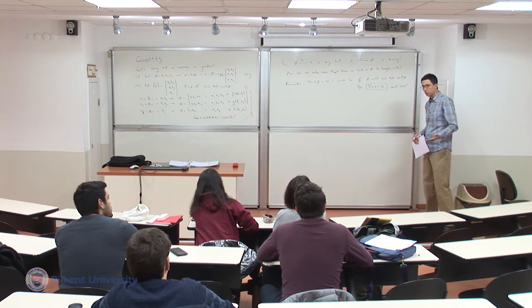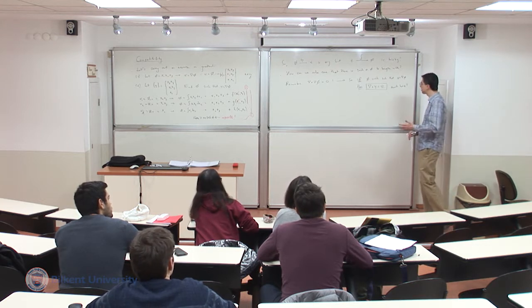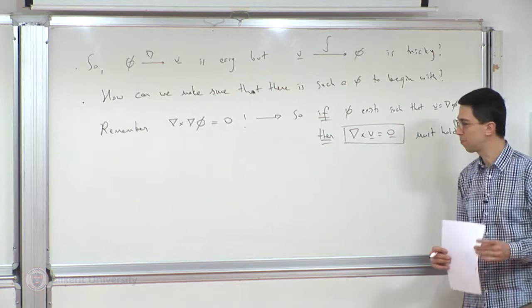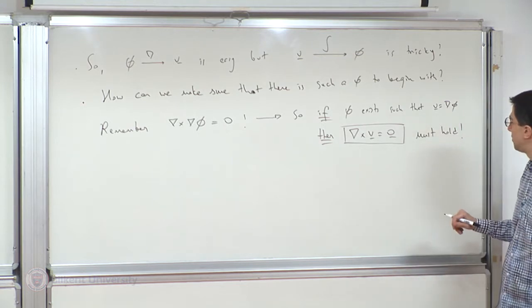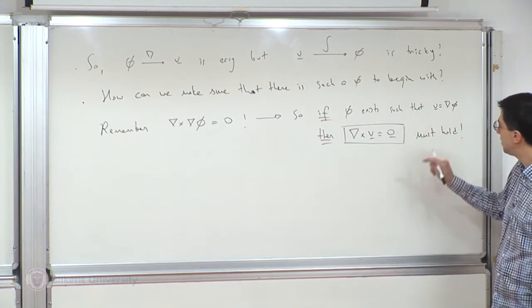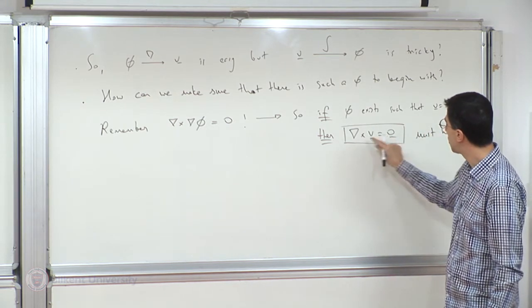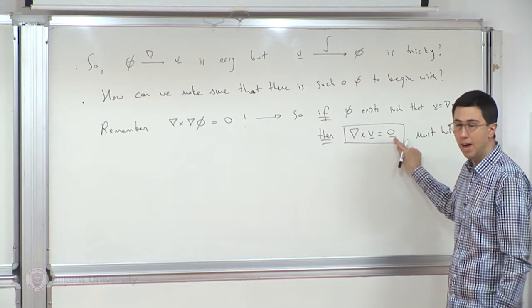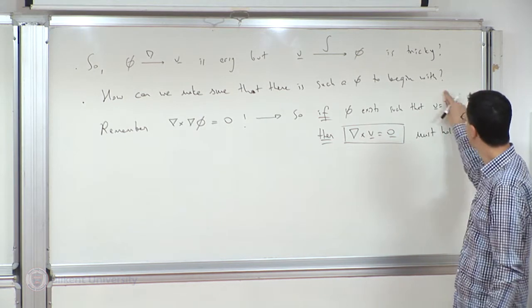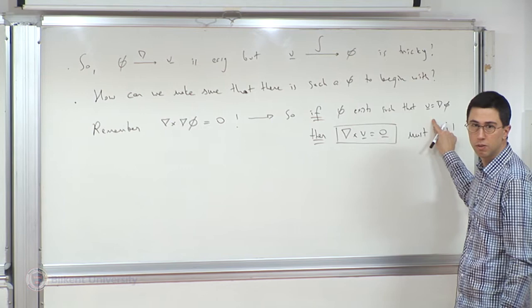Now I'm going to believe, and this is true except for very small details or technicalities, that if I take a vector field and its curl is equal to 0, then v must be the gradient of some function. Okay?